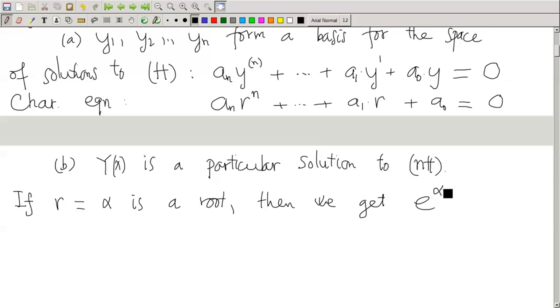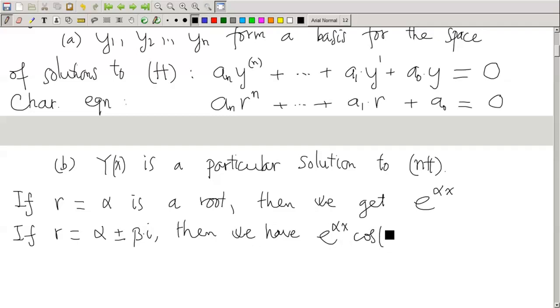e to the alpha x. If we have a complex root, actually when we have complex roots, we will have a pair, alpha plus or minus beta i. Then we have a pair like e to the alpha x cosine beta x, then e to the alpha x sine beta x.